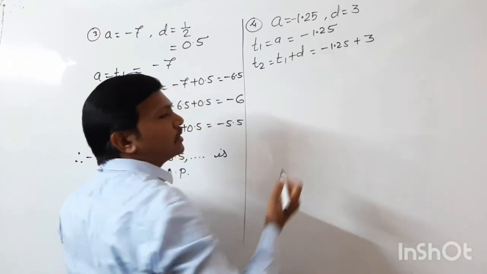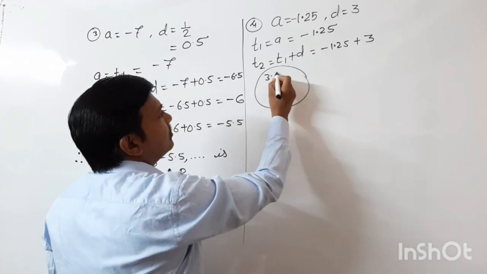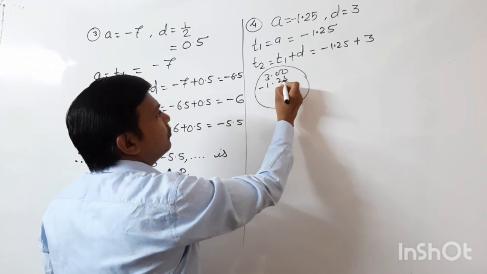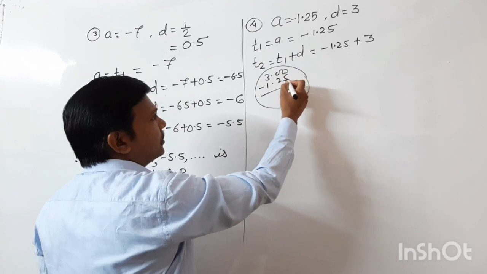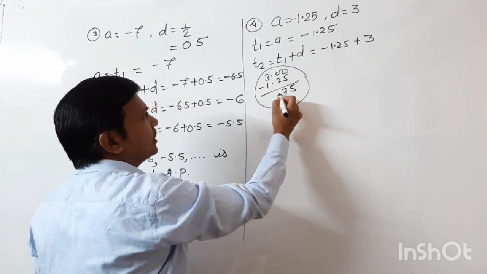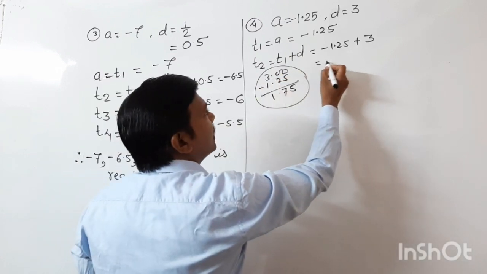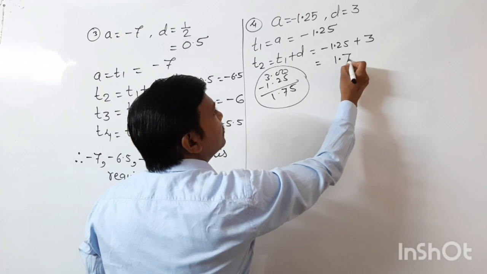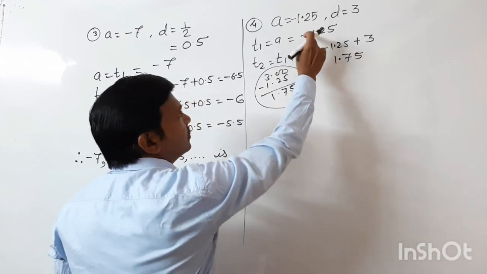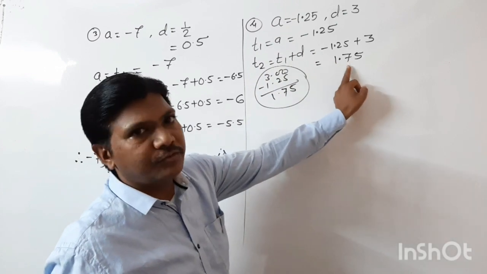So you know plus minus is minus, and take the greater number's sign. So here 3 minus 1.25, that is 10 minus 5, 5, then 9 minus 2, 7, and here 2 minus 1, 1, and the greater number's sign. So its answer is 1.75. So the first term is minus 1.25 and the second term is 1.75.